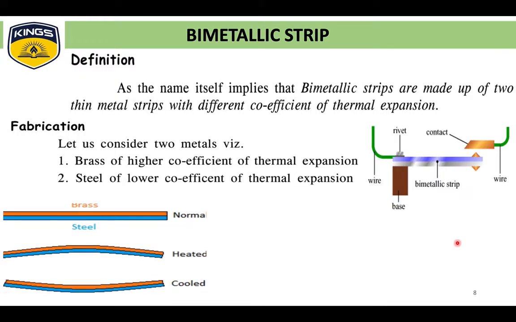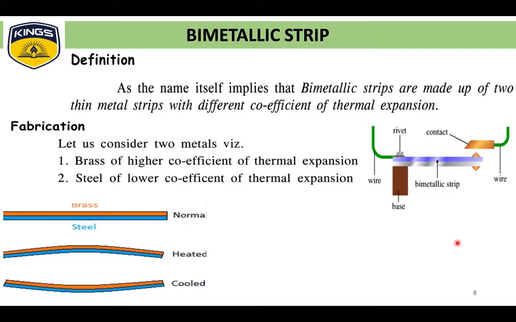Next, now we come to the actual topic, the bimetallic strip. The name itself clearly indicates that a bimetallic strip is made up of two thin metal strips with different thermal expansion coefficients. Very simple.